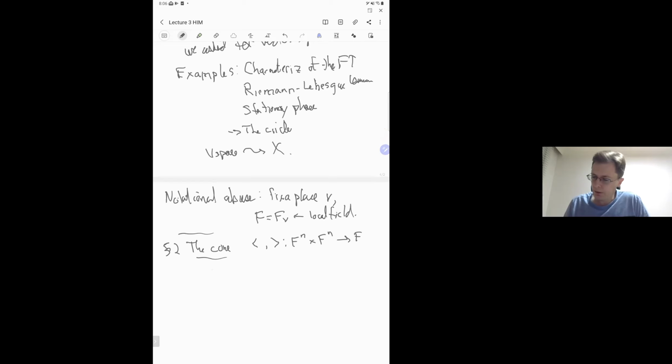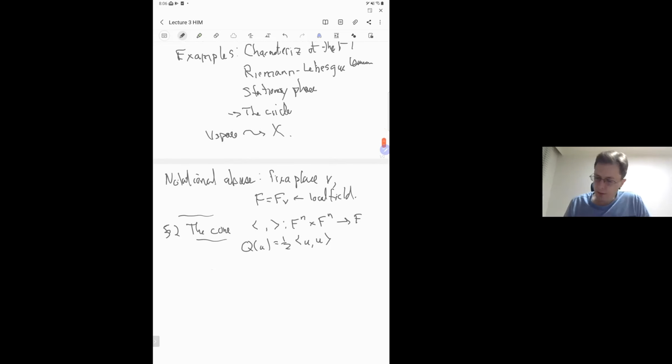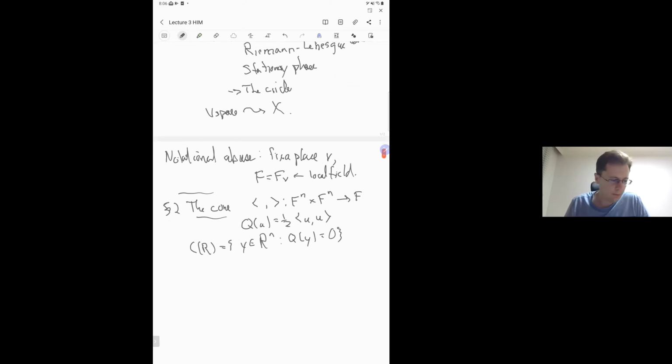And we can define an associated quadratic form Q(u) = 1/2 (u, u). Then we have, as I mentioned last time, the affine scheme that's just the vanishing locus of this: the set of y in F^n such that Q(y) = 0. So it's just the zero locus of this quadratic form.